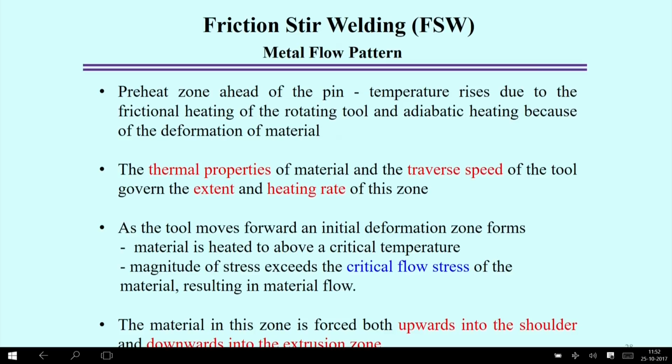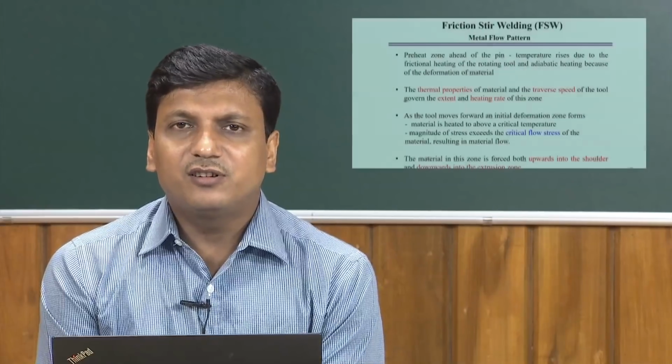Therefore, the thermal properties of the material and the transfer speed, which is a very sensitive parameter of the tool, govern the extent, that means the size of the preheated zone, and decide the rate of heating of this zone.